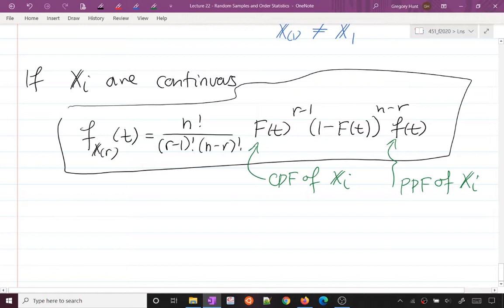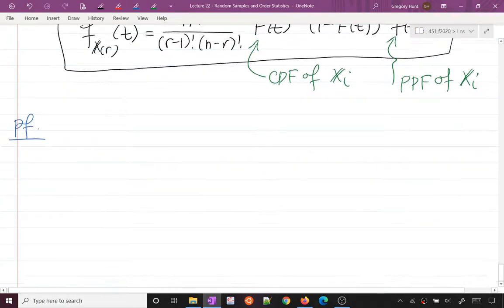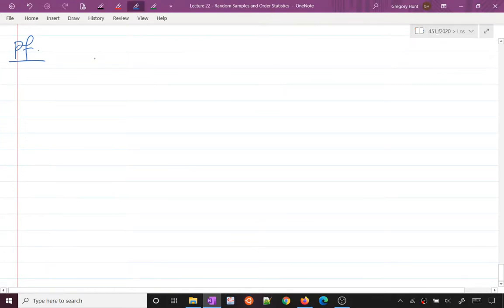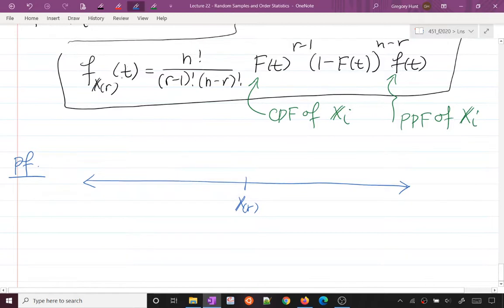I'm not going to do a really formal proof, but I'm going to make an argument for why this is the correct formula. So let's draw a picture up top here. This is going to be my number line, and my rth order statistic is going to lie somewhere there. I want to look at the probability density that my rth order statistic is at t.